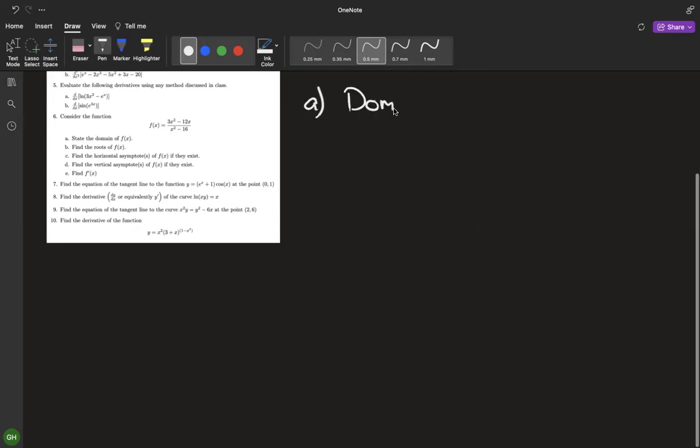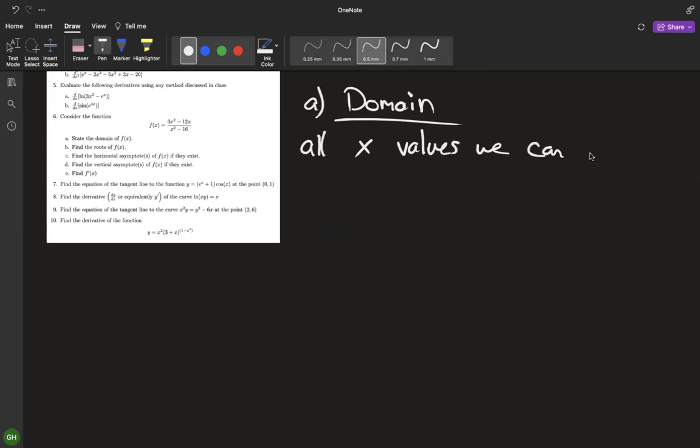As a reminder, how do we find the domain of a function? The domain is all of the x values that we can plug in. And at this level, that means we have to follow 3 rules. 1, can't divide by 0. 2, we can't square root a negative.